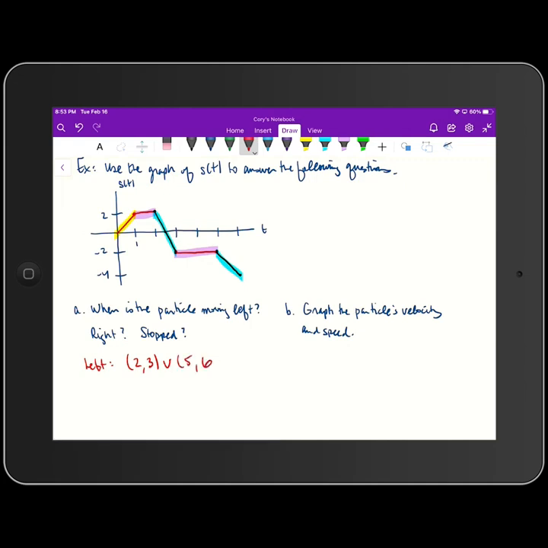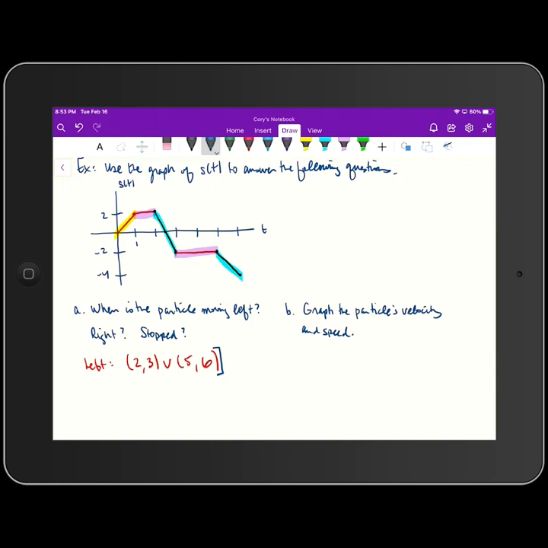Now, with your endpoint of 6, you have the option of making that a parenthesis or a bracket at the end. Okay, it's your choice. Okay, so parenthesis or bracket would be acceptable for that last value. But we have to have parentheses at the other point. So we have to have parentheses.